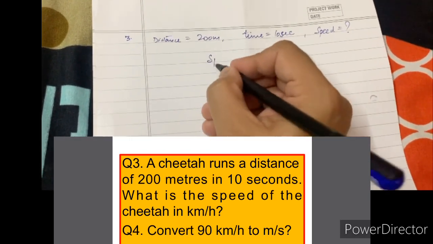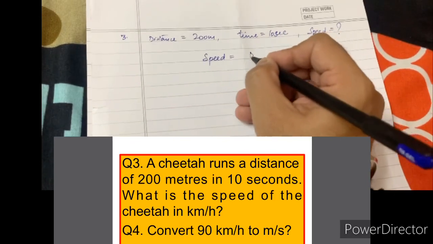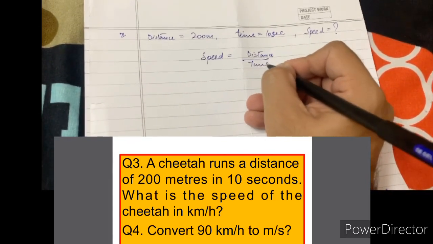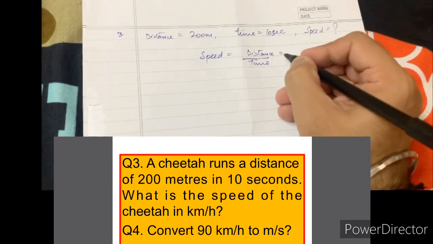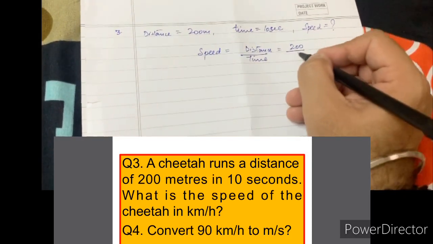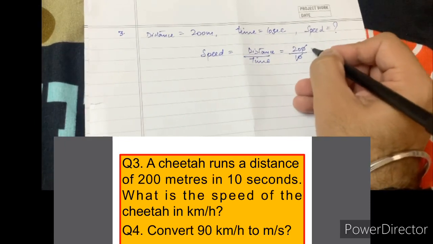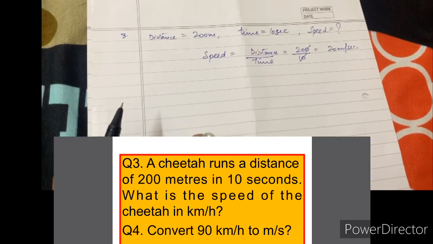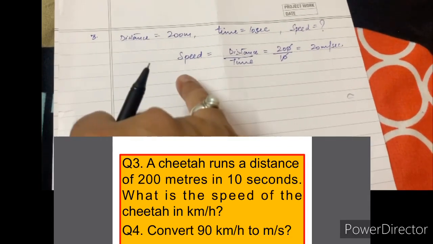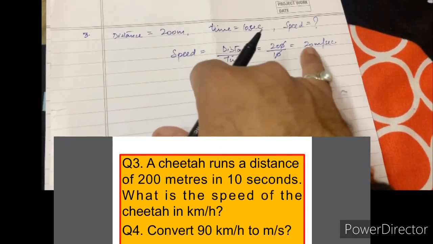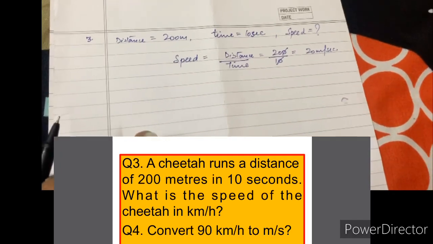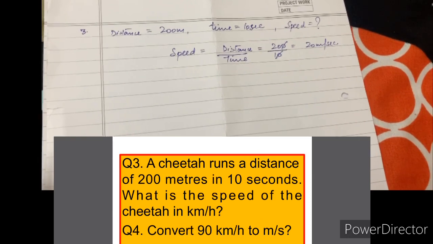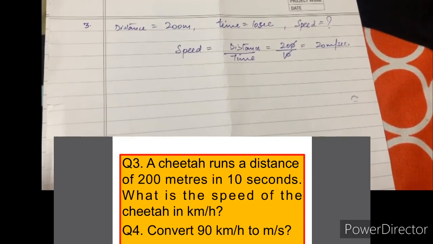We all know speed is equal to distance divided by time, that is equal to 200 divided by 10. It is 20 meter per second. Understood? So this is the speed of the cheetah in meter per second. The second part of the question is we have to convert the speed into kilometer per hour.